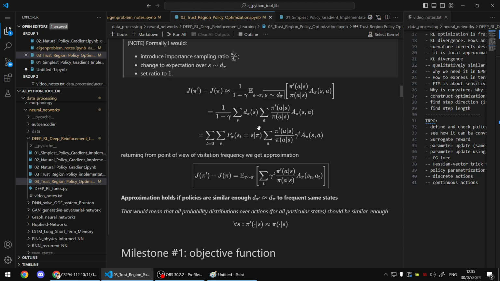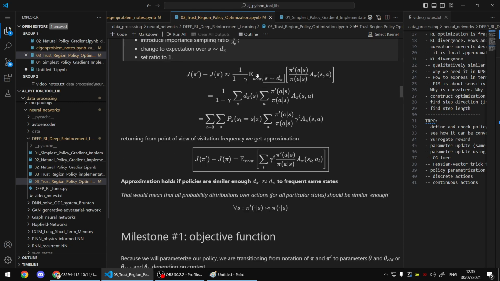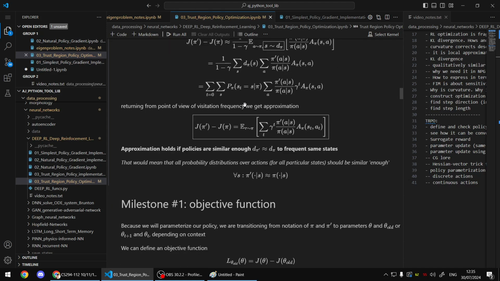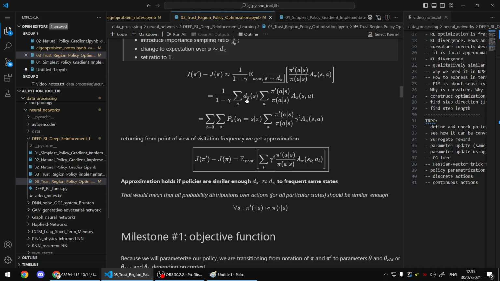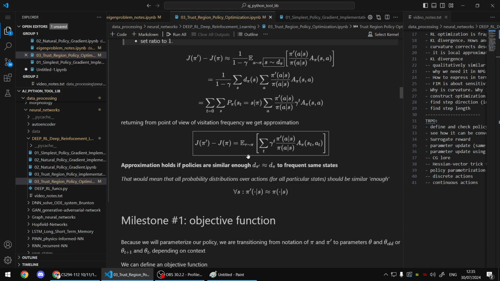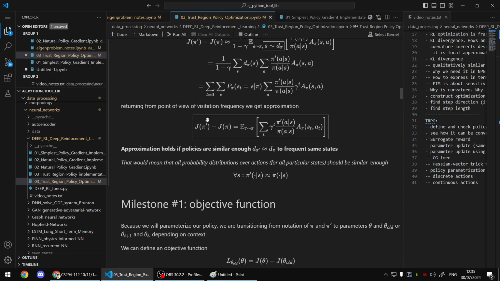So in this particular case, we just say, okay, our policy should be comparable, at least very similar, for this approximation to work. And then we undo all the steps that we did prior, using these frequencies and actions, to get back to our old expectation over trajectories, and we get this expression which is central to TRPO.